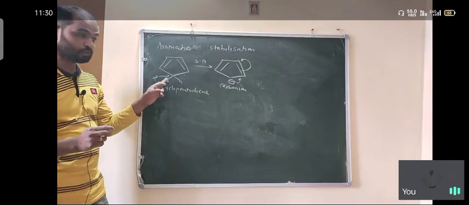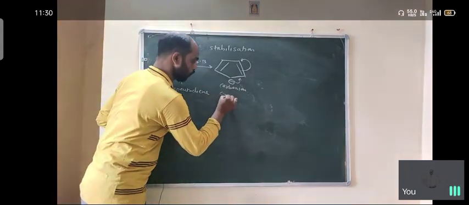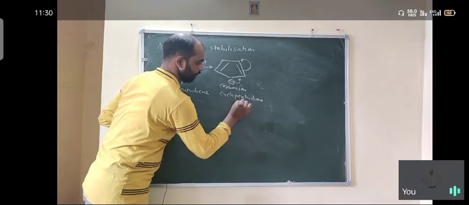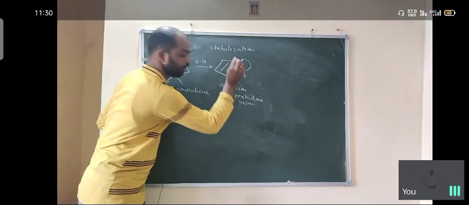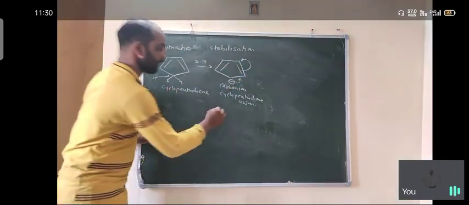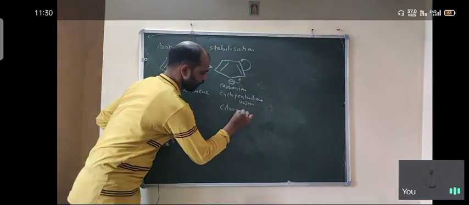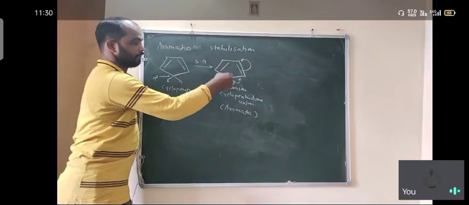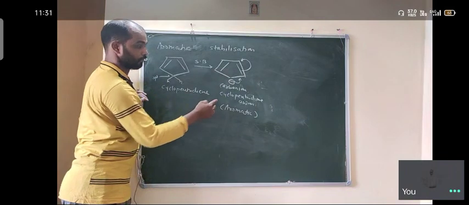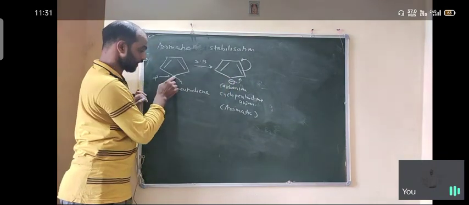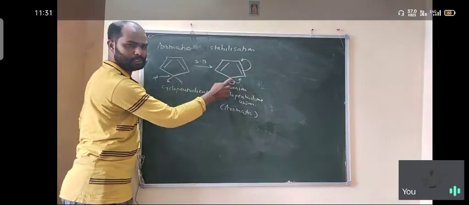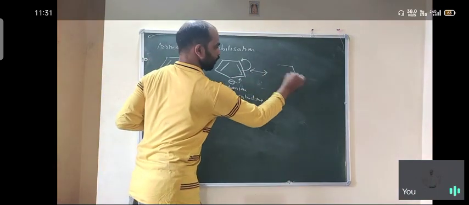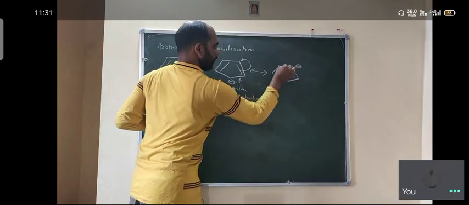After loss of this proton, it is a cyclopentadiene anion, and the cyclopentadiene anion is aromatic in nature because of the delocalization. This carbon is sp3, but after delocalization there is formation of a double bond.